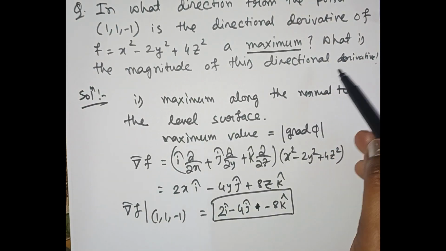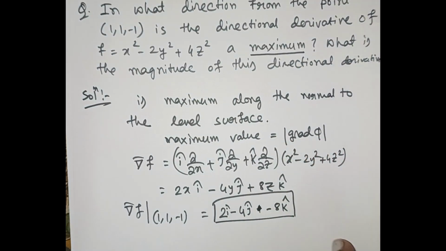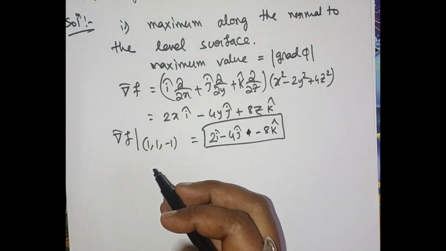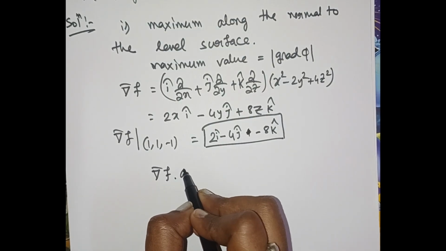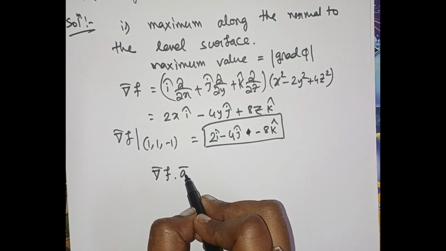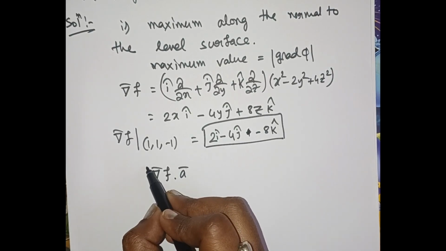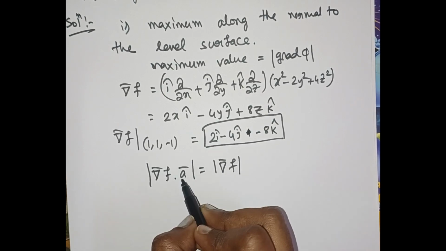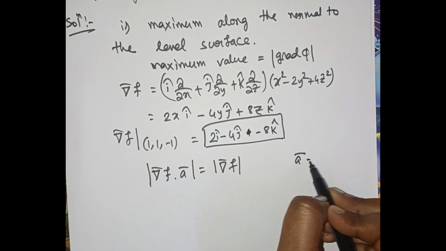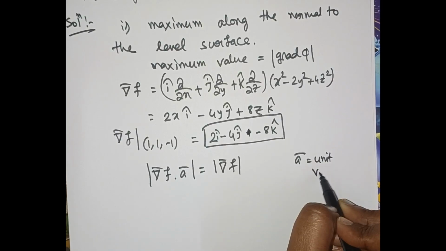And what is the magnitude of the directional derivative? The directional derivative is grad f dot a vector, where a vector is the unit vector in the given direction, so if we take the modulus, then this will be only the modulus of grad f, because this is a unit vector.